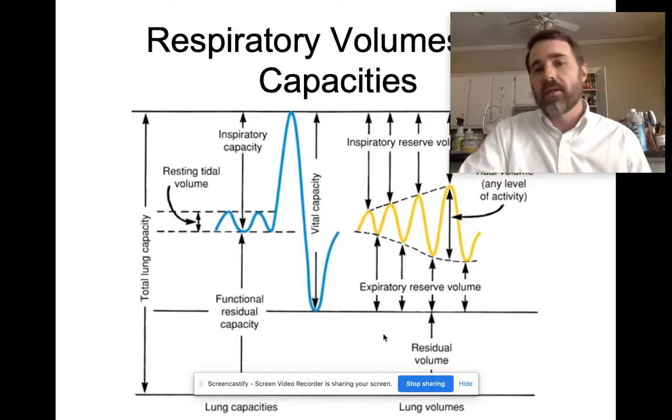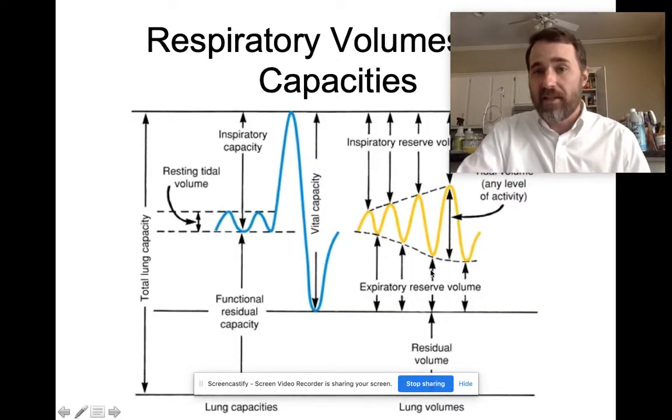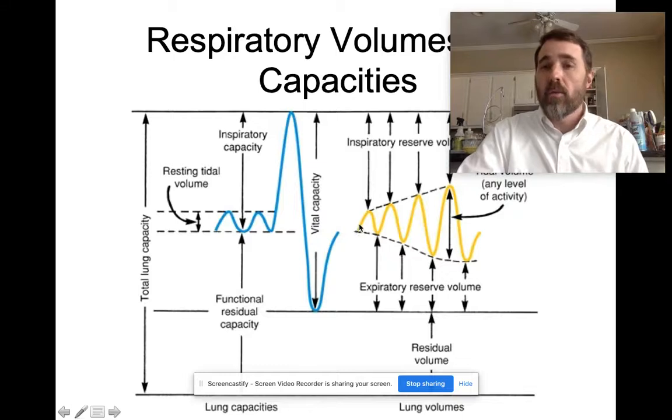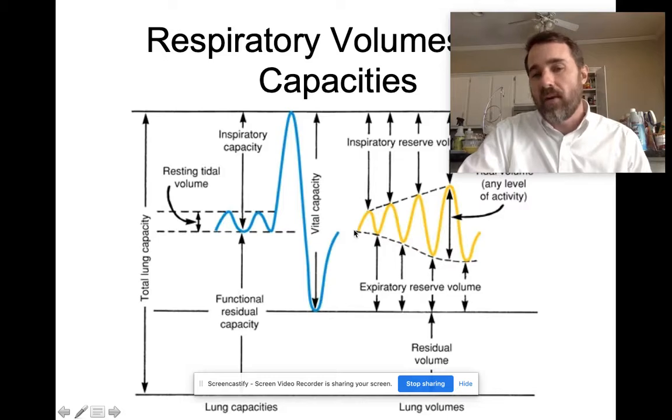Now let's look at this illustration before we get to capacities. So here's my 2 cycles of respiration. So here's my tidal inspiration, tidal expiration, tidal inspiration, tidal expiration. So here's my tidal inspiration.